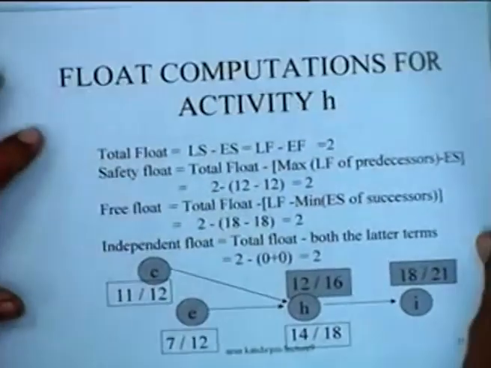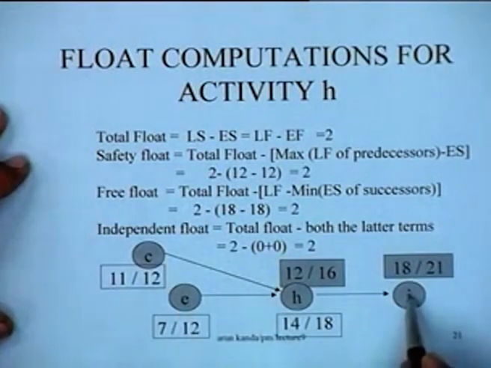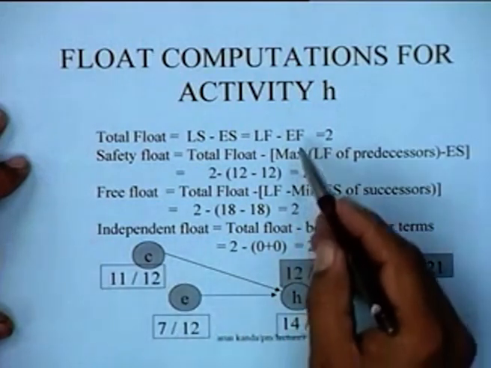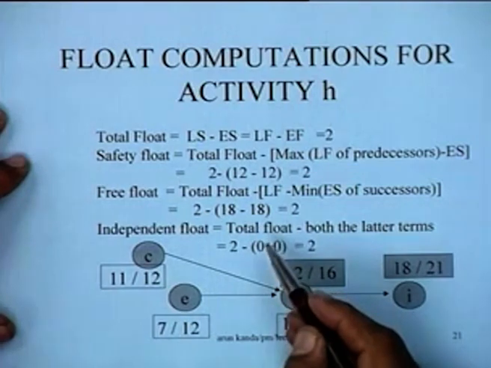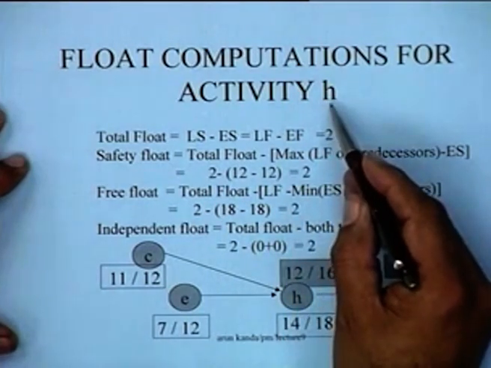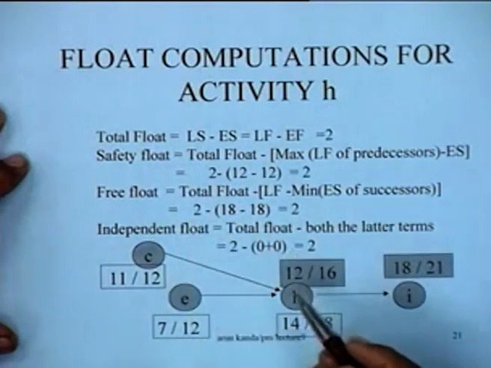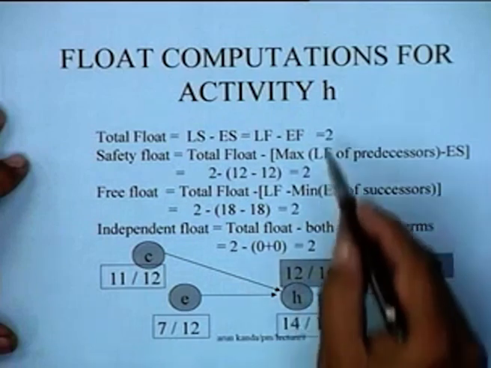Similarly for activity H, H had two predecessors and one successor. Knowing the information which was available from the forward pass, we could in a similar manner compute all the information for this particular activity H. For activity H, the latest start is 14, the early start is 12, so the total float is 2.